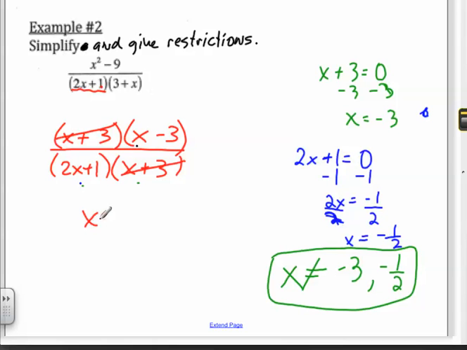So then I'm left with x minus 3 over 2x plus 1. But guys, do you see if I had canceled first, then I wouldn't have found this one because it's gone now? Right? So I need to check it before I cancel anything out. I need to say what x can't be before I cancel anything.